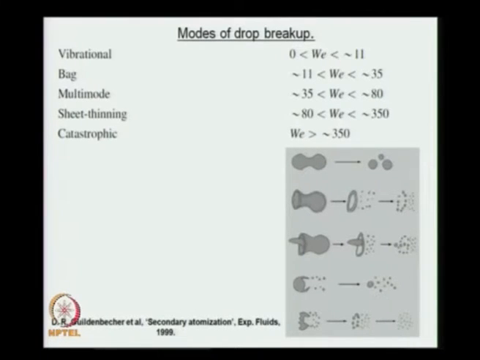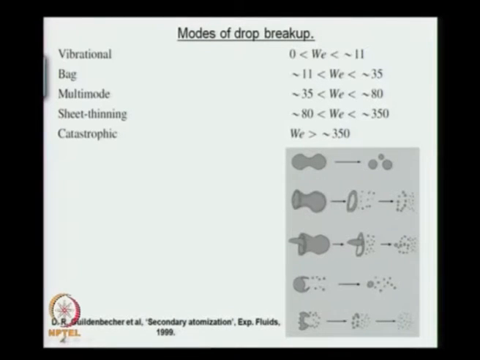This is a simple classification from the work by Gildenbecher et al., from a paper titled Secondary Atomization. What they show is that there are several different regimes of Weber number, under which one could expect the single droplet to behave differently over the range of Weber numbers.